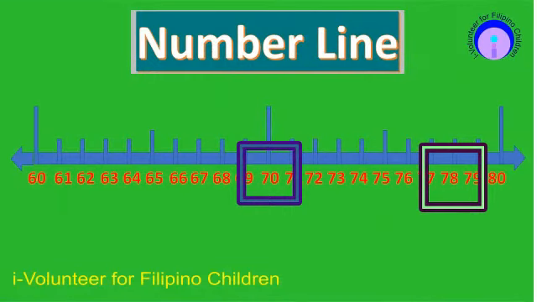Item number 8. Which number is lesser? 70 is less than 78.